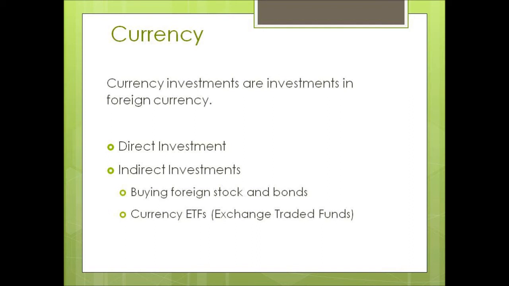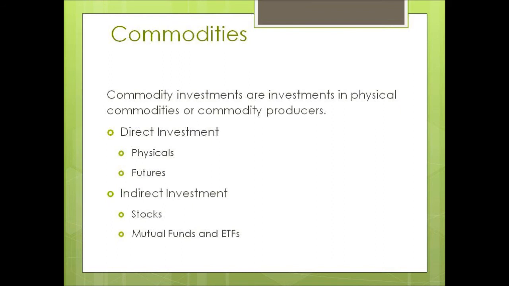Next slide is on commodities. Commodity investments are investments in physical commodities or commodity producers. Direct investments include buying directly the commodity or buying futures. Futures contract is an agreement to buy or sell in the future a specific quantity of a commodity at a specific price.